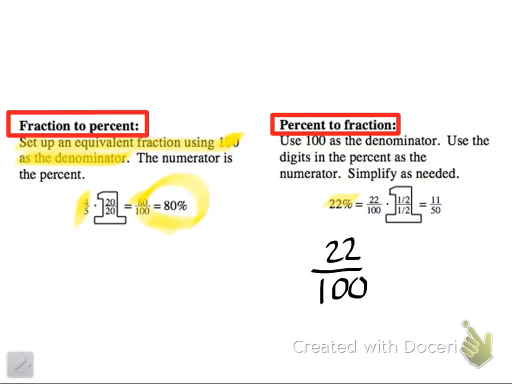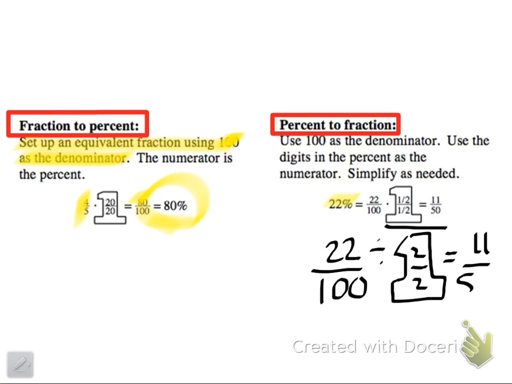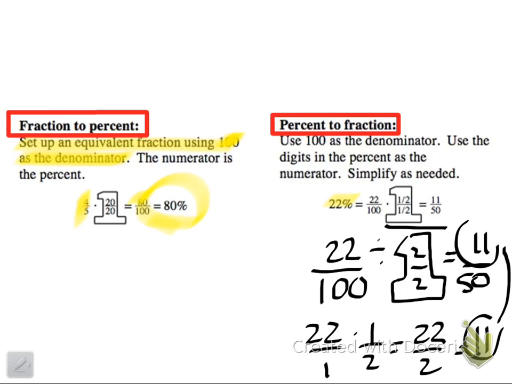That is our fraction. And all they're showing us here is the simplification. They're multiplying by 1/2 over 1/2, which is the same thing as dividing by 2 over 2. 22 divided by 2 is 11. 100 divided by 2 is 50. Same thing as 22 times 1/2, which is 22 over 2, which equals 11. Same thing.